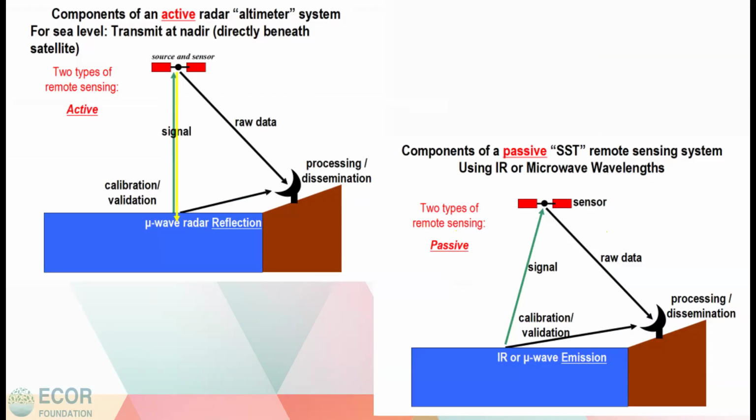Active sensors are ideally used for radar altimeters, which send signals and measure the reflectance. And passive sensors, like in SST monitoring, only receive the naturally emitted energy. We have examples like MODIS, AVHRR. So these are all important examples of passive sensors.